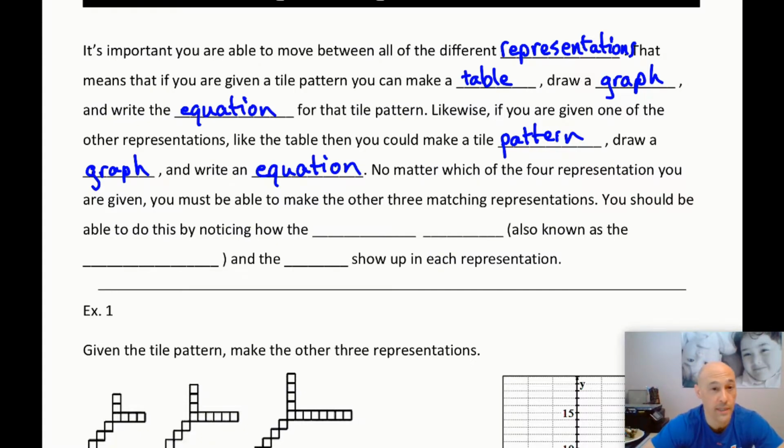No matter which of the four representations you are given, you must be able to make the other three matching representations.